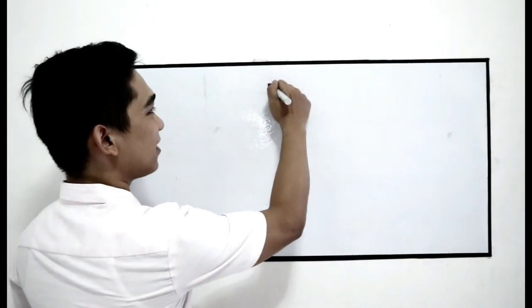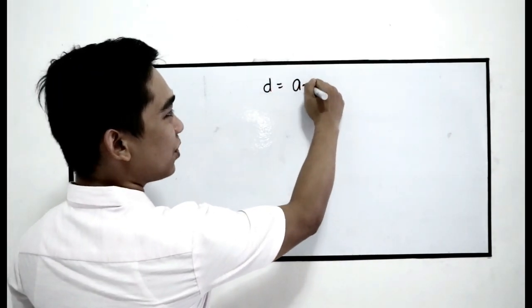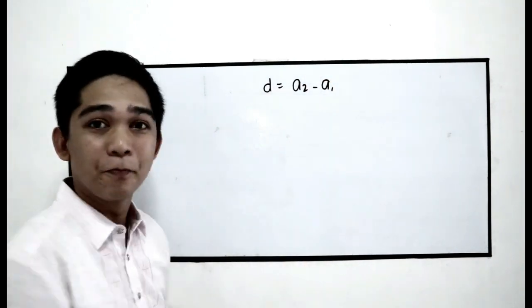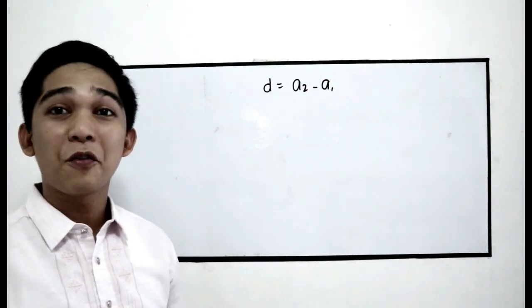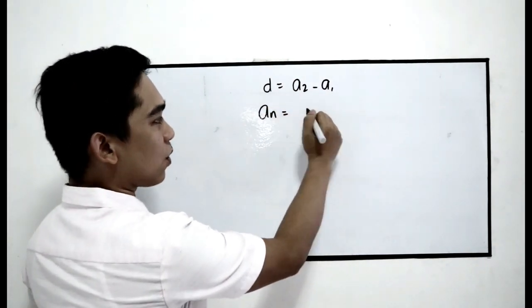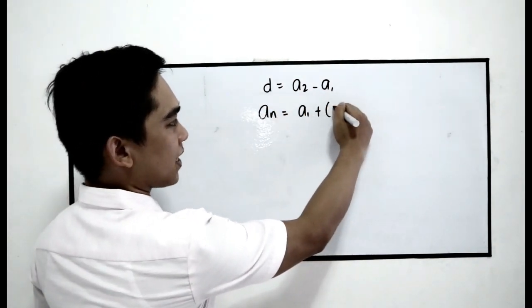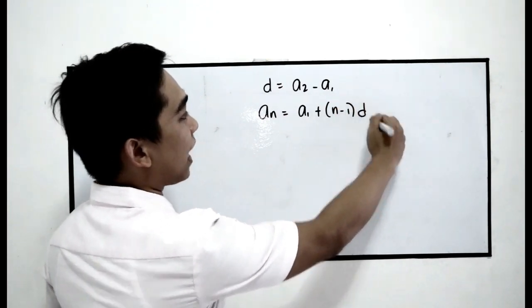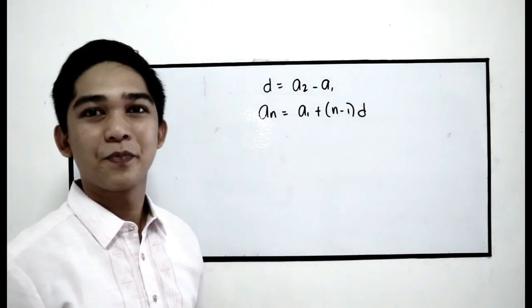That ends our arithmetic series. So we are done in your lesson 1. Under the arithmetic sequence, we have the formula for the common difference, that is a2 minus a1. And for finding the terms, that is an is equal to a1 plus n minus 1 times the common difference.